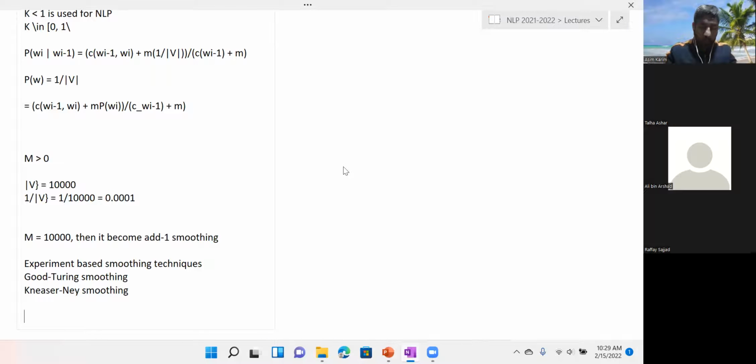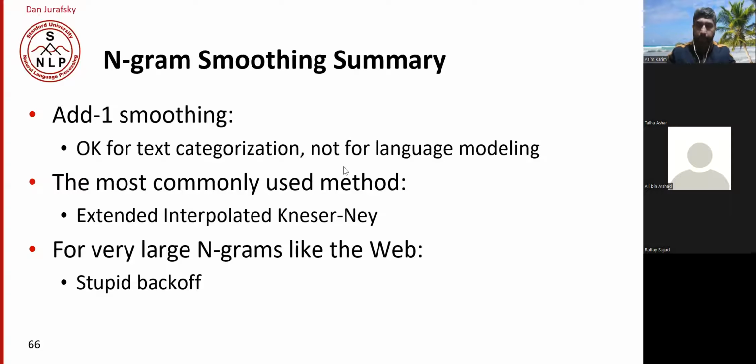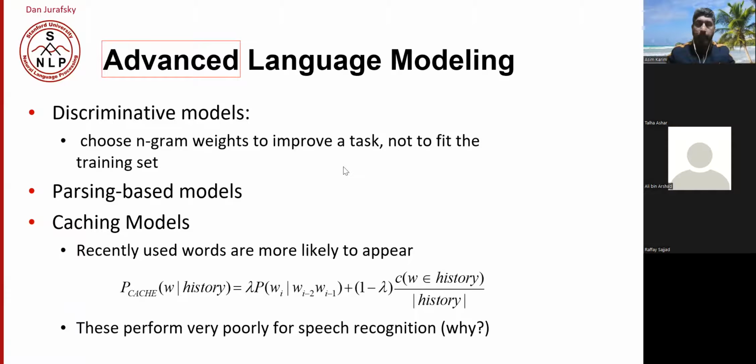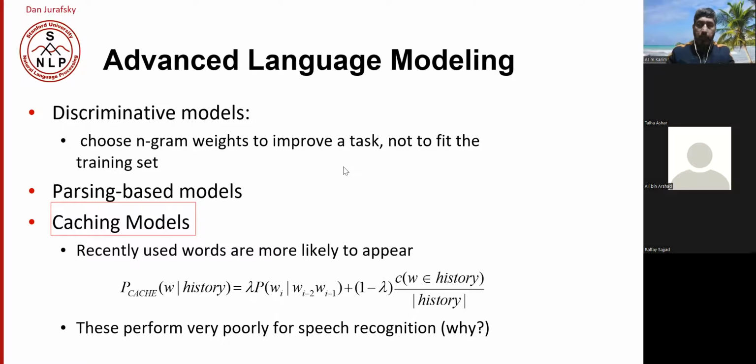Maybe I can go to the slides. These are some advanced techniques that are now rarely used in practice, but they are mentioned here.